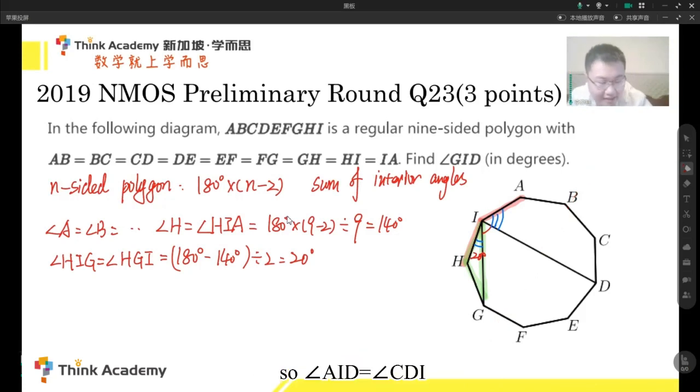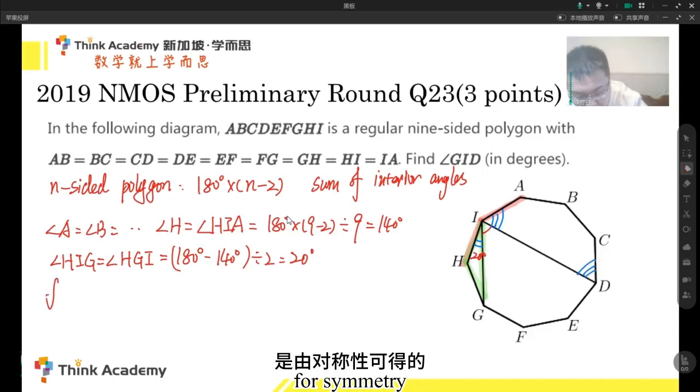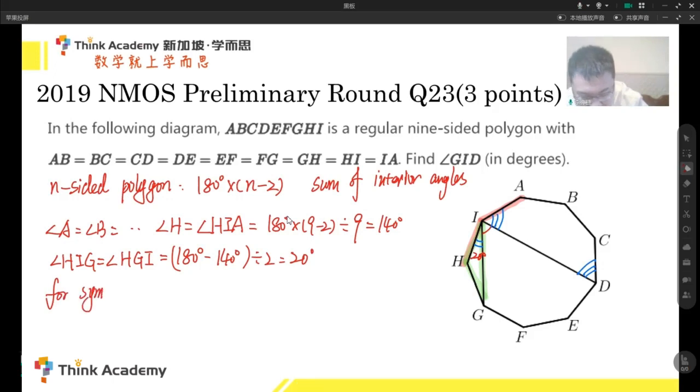So AID will be equal to CDI, by symmetry.